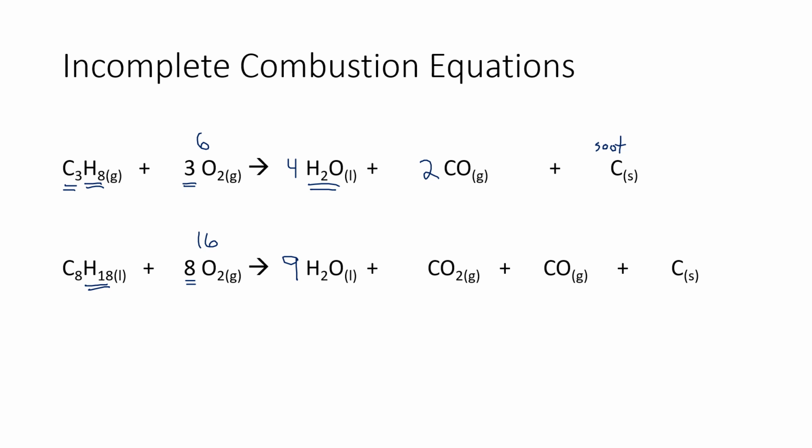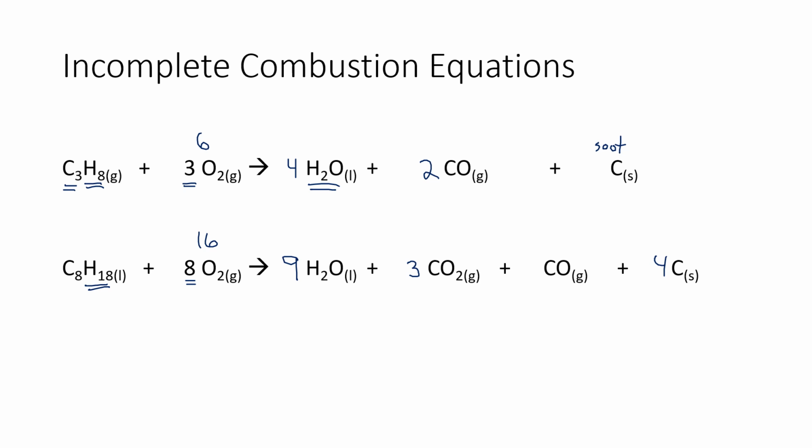We can use 3 of them here if we want. So 3 times 2, that'd be 6. And we still have 1 oxygen left. And we can put it there. So we'd get 1 carbon monoxide. That uses up all the rest of the oxygen. And that still leaves us with 4 more carbons as soot.